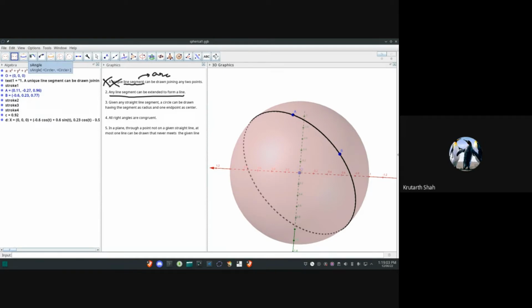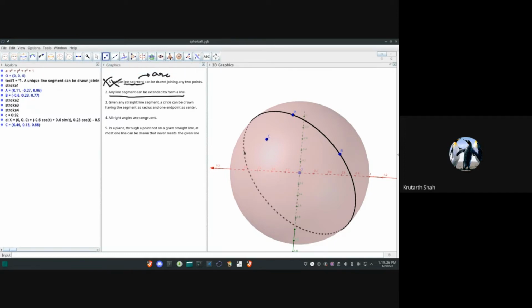It does not make much sense here. Because I forgot to define one more thing. You can define circles in a spherical geometry as the intersection of the sphere with a plane not passing through the center.